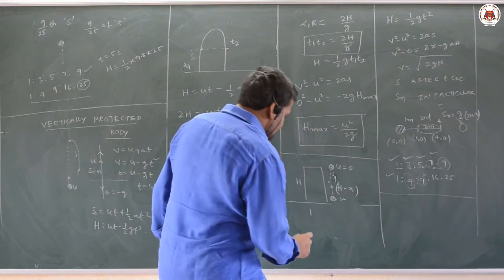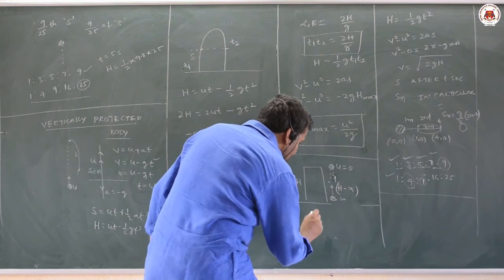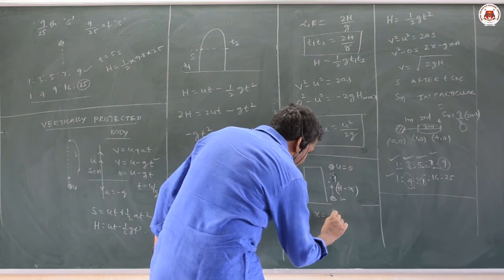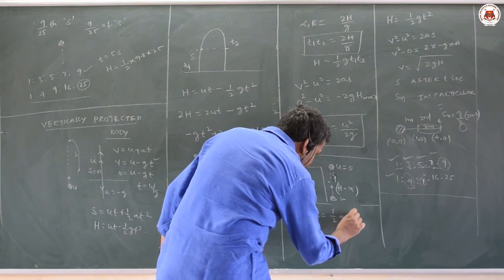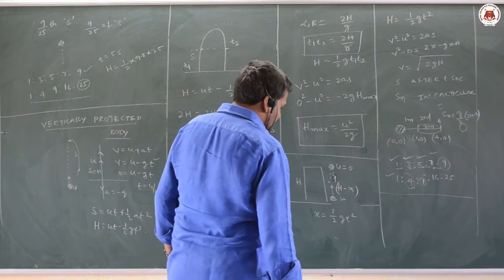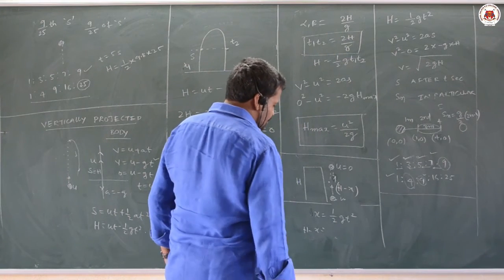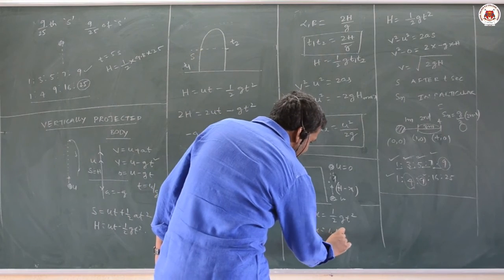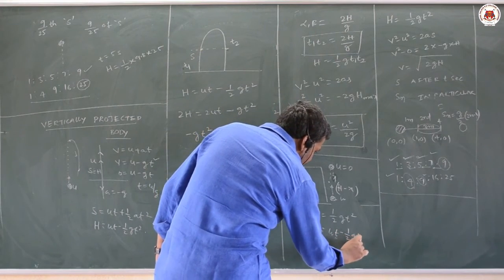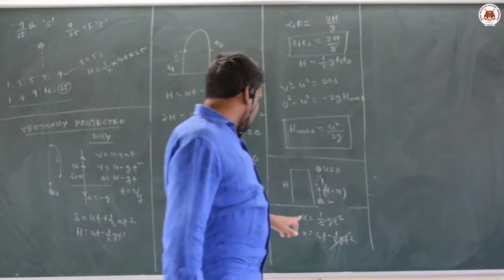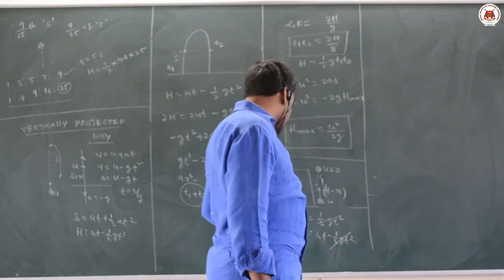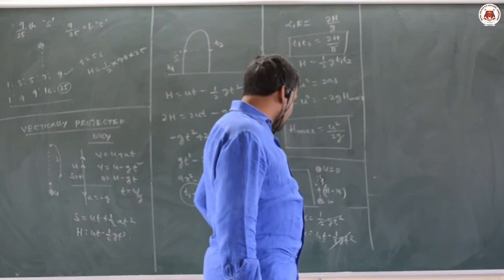So by using the equations you can write x is equal to half g t square, and h minus x is equal to ut minus half g t square.